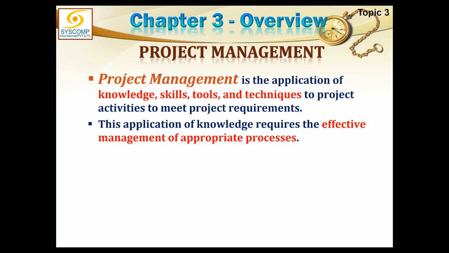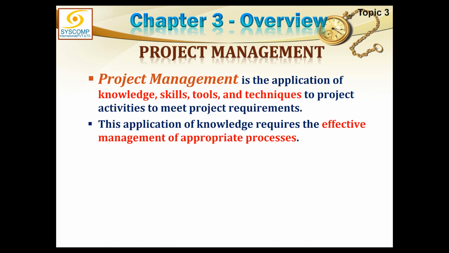This application of knowledge requires the effective management of appropriate processes. Everything you do in project management is defined as a certain number of processes. As I said, there are about 47 processes.